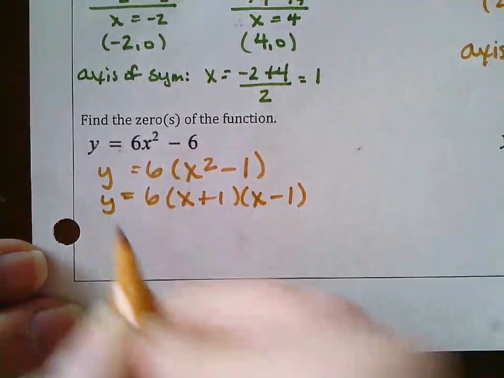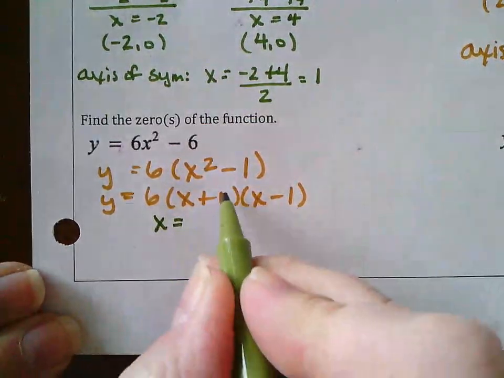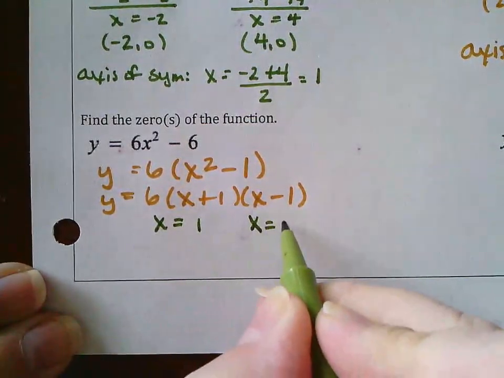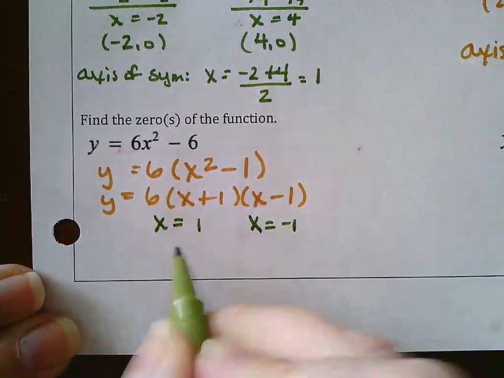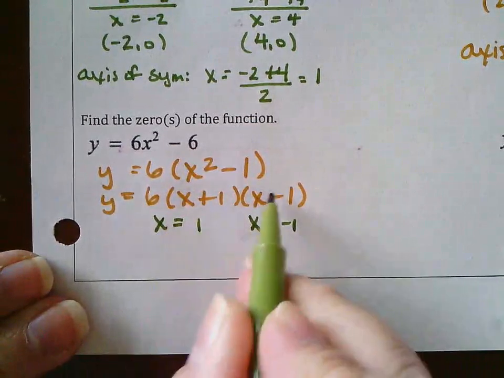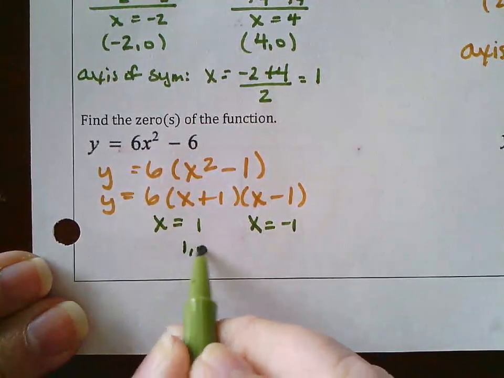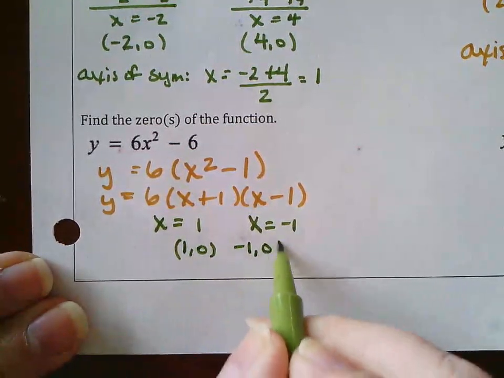Remember, this is the difference of squares. So if I'm looking for the zeros on this, now that I have this factored out, I can say that x equals 1, x equals negative 1. I should have switched those, but that's okay. So then you get (1, 0) and (-1, 0).